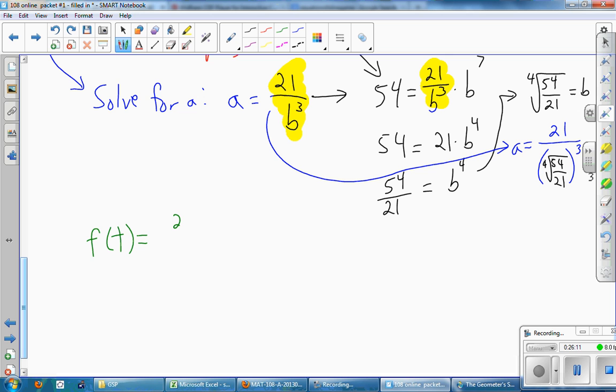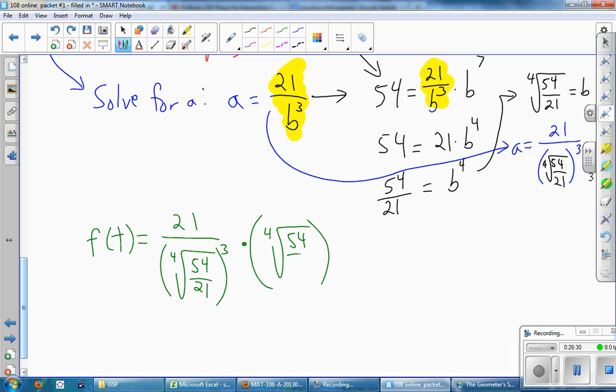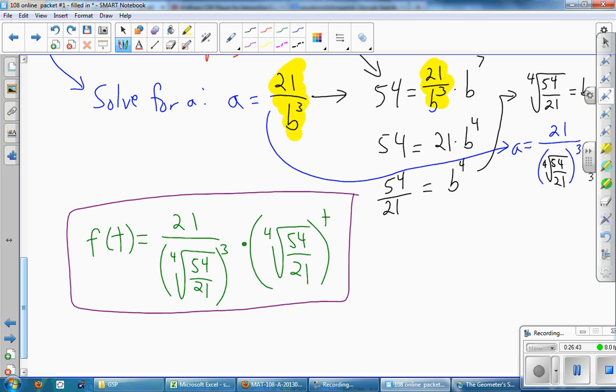A is the thing we just wrote down, times b to the t, where b is in the top right corner of this page, being raised to the t. Okay, it's not near as pretty as the other equation that we had, but this is our final answer. That right there is the exponential function that hits those 2 points.